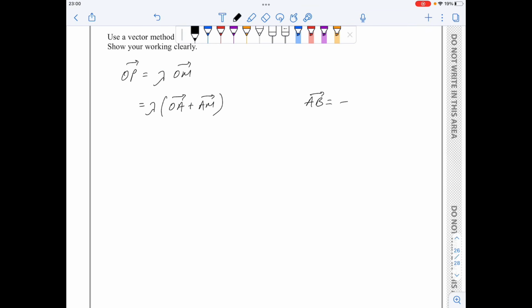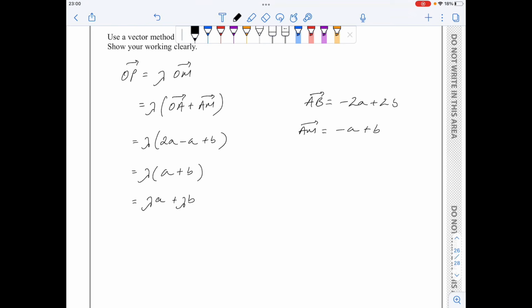Let's write this down, minus 2A plus 2B. Hence, AM is half of that, so it's minus A plus B. So this becomes lambda, 2A for OA, and then minus A plus B. If I simplify, I get lambda times A plus B. When expanded, this gives me lambda A plus lambda B. So this is OP, the direct route.